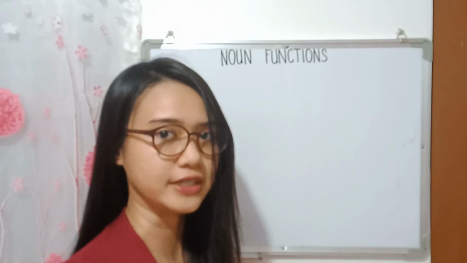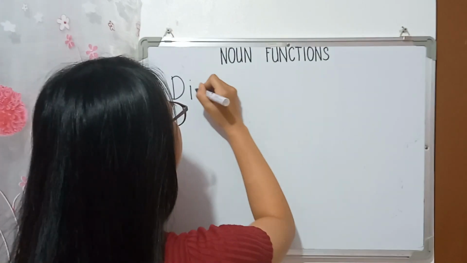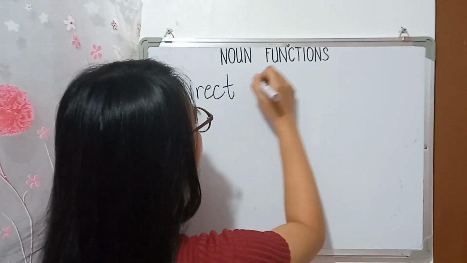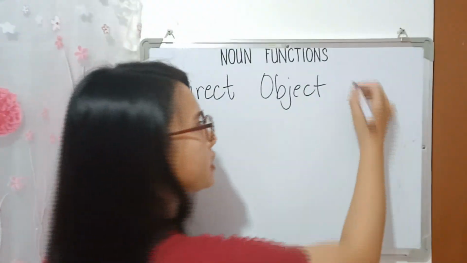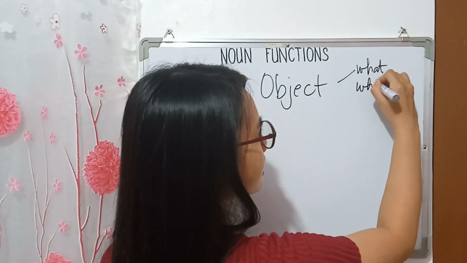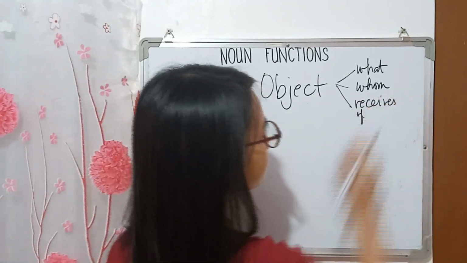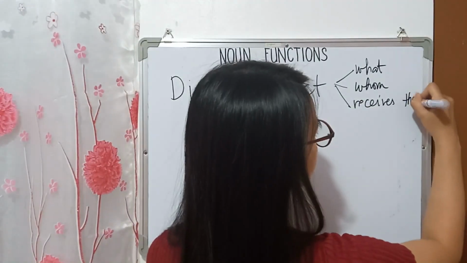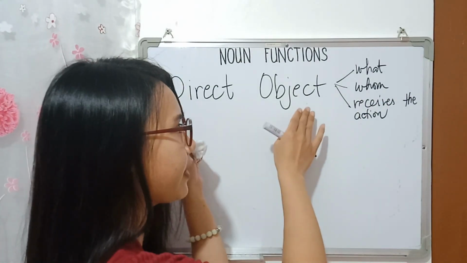Nouns also function as a direct object. We have here three clues for us to easily identify the direct object.